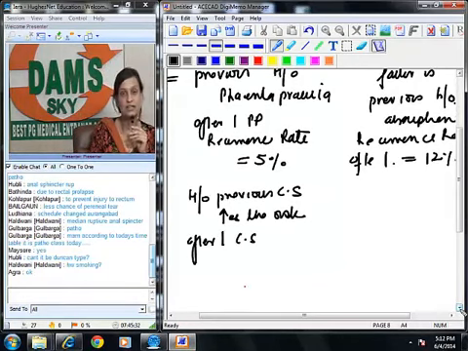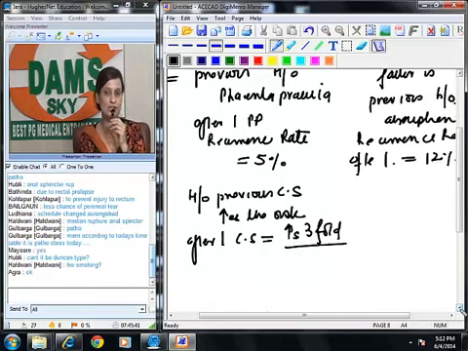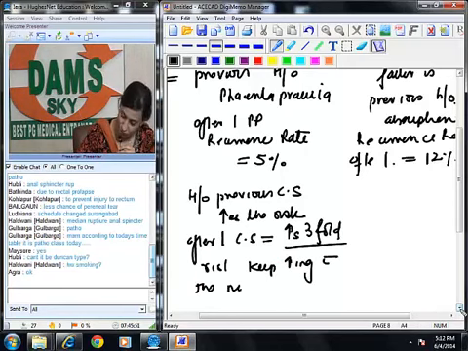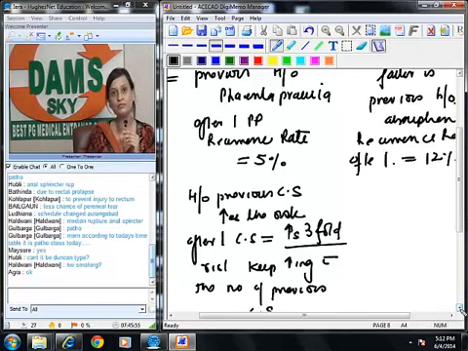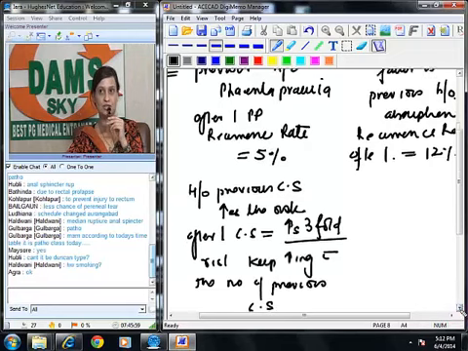After one cesarean section, the risk of placenta previa increases 3-fold. There is a 3-fold increase in the incidence of placenta previa after one cesarean, and the risk keeps increasing with the number of previous cesarean sections.